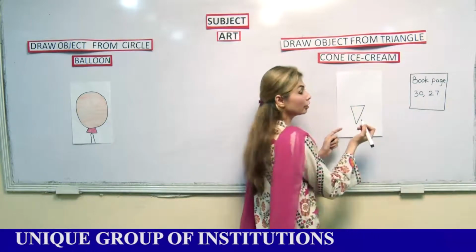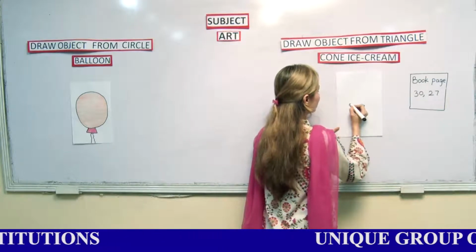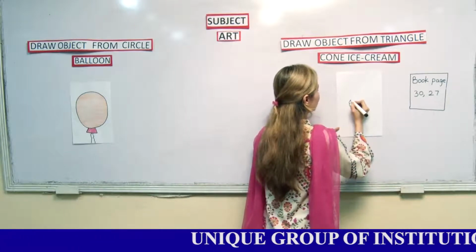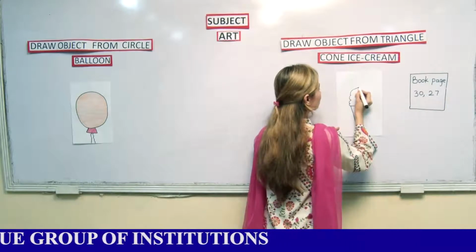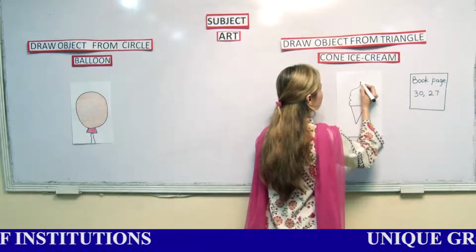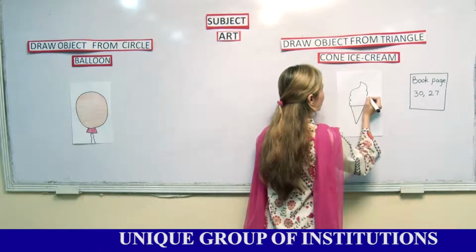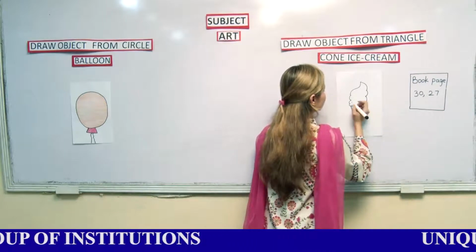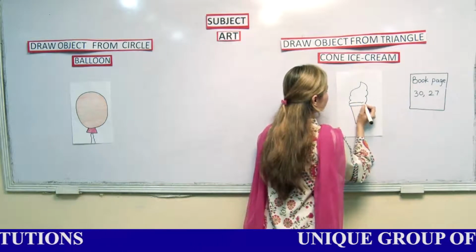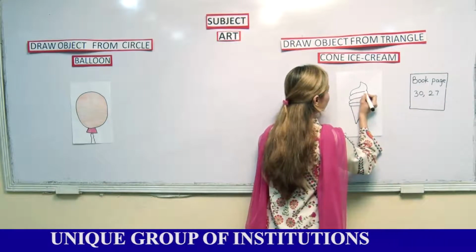Now check my hand movement, how I am drawing the cone ice cream part. Like this, you will draw it with me. It is an ice cream part. Check my hand movements and draw it with me.